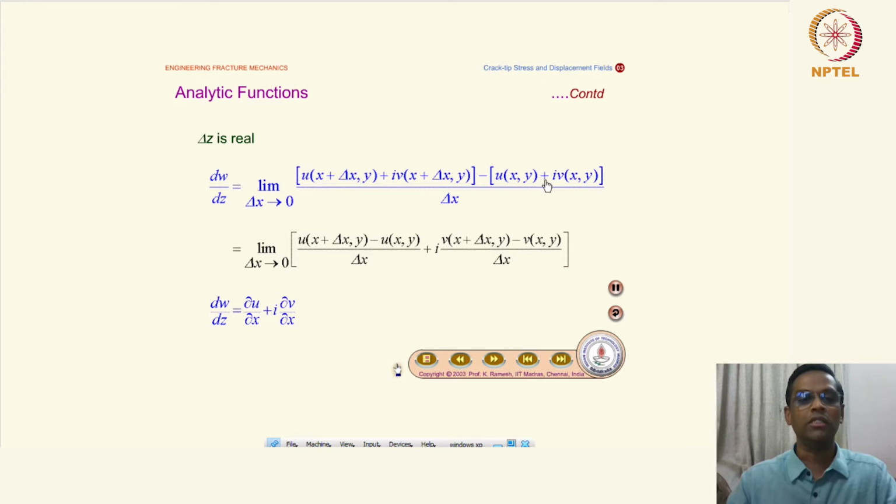If you regroup them into the i side and the u side, then dw by dz is equal to dou u by dou x plus i dou v by dou x. That is what it is if delta z is real.